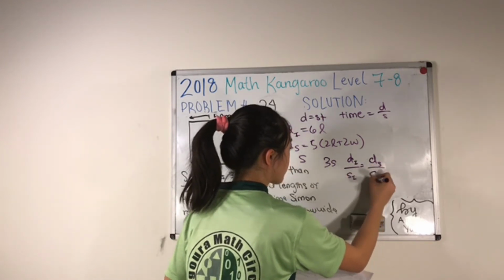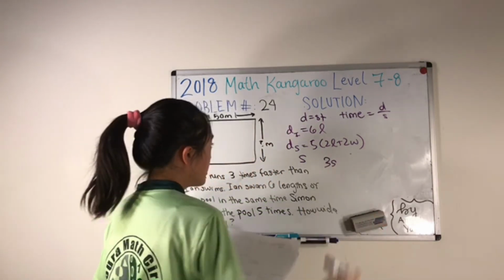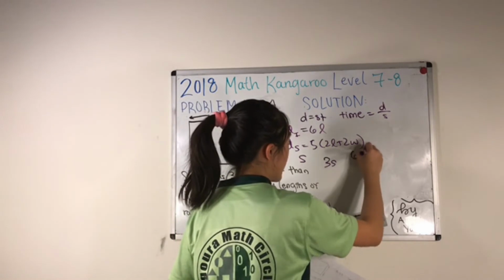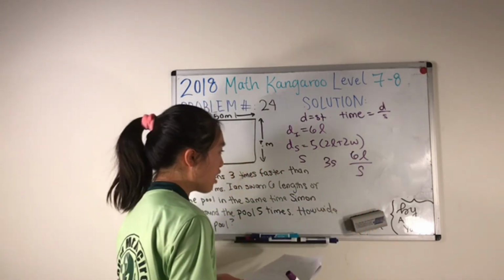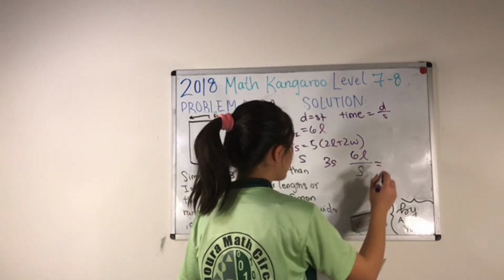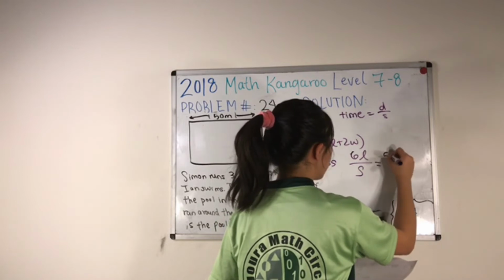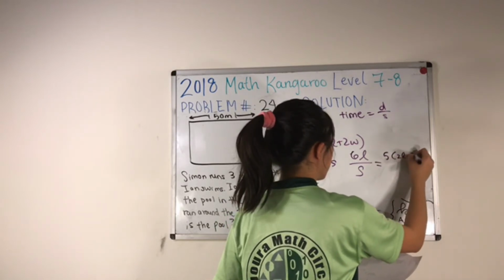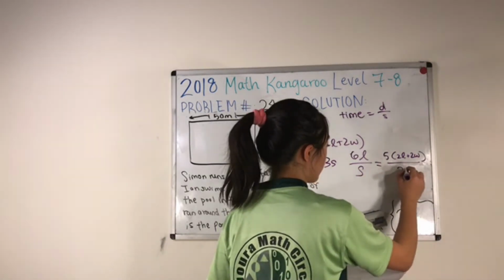So now we can substitute this in. Ian's distance is 6L over S, because that is Ian's speed. And then we have Simon's, which is 5 times 2L plus 2W over 3S.